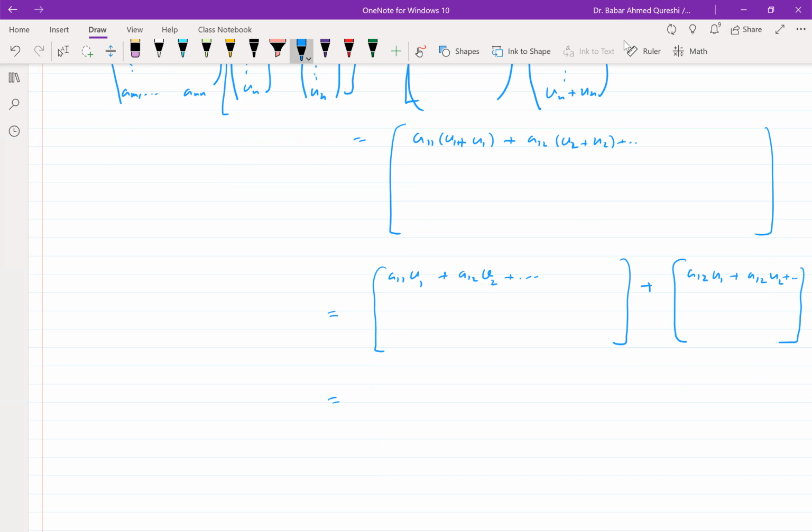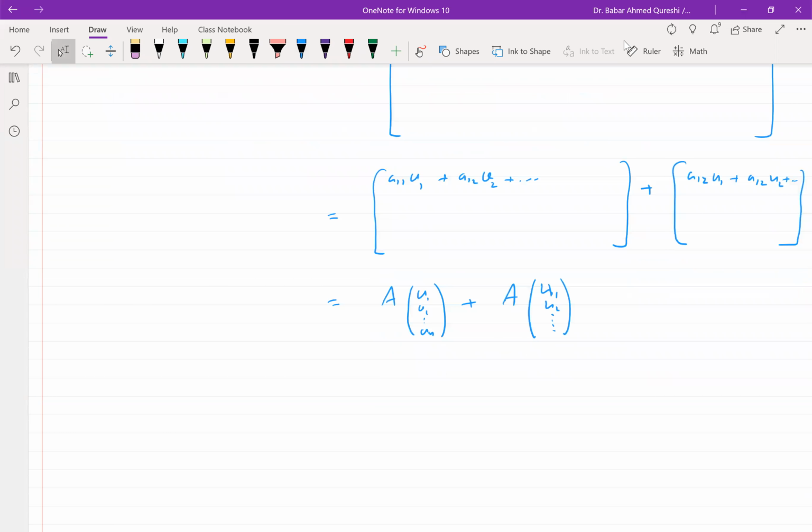So this is just A acting on these V's, and this is just A acting on the U's. So it splits. And similarly, you can check scaling.